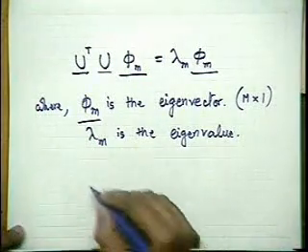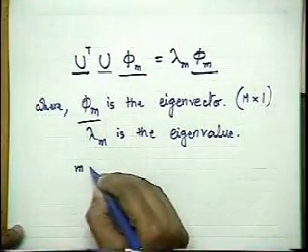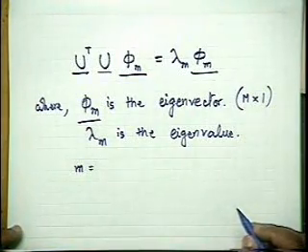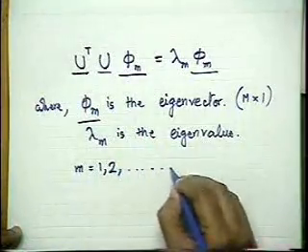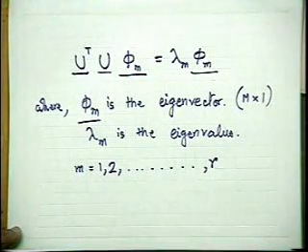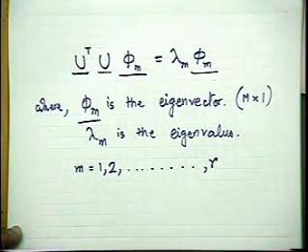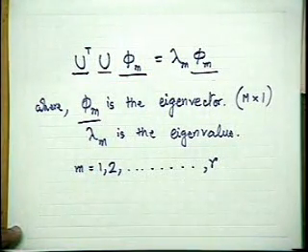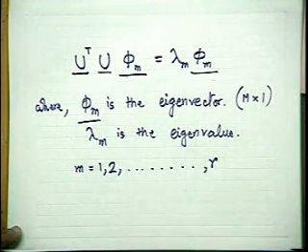And what are the limits for m? m can vary between 1 to r, because there are R non-zero eigenvalues. Again I remind you, R is the rank of the matrix U.